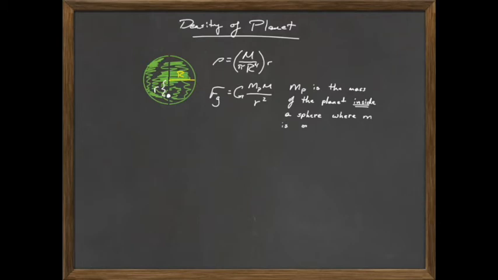So if I put the mass at a distance r from the center and imagine drawing this, this is a 2D image, so you'll see me draw this circle, but imagine that the circle is part of a 3D sphere. Any mass on the outside of that sphere does not contribute to a net gravitational force.